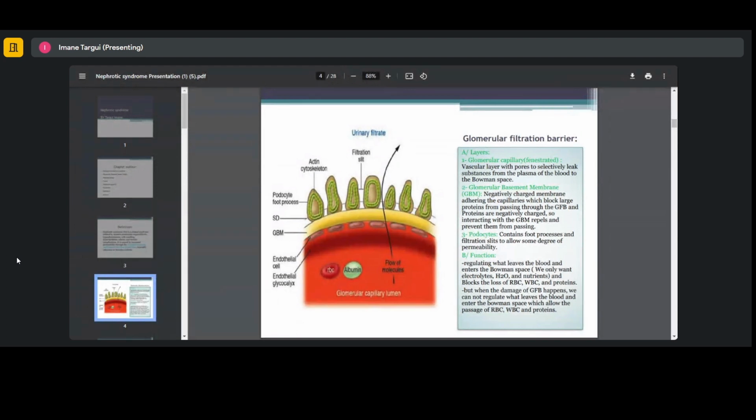White blood cells are important for infections: when there is a pathogen, we need our white blood cells to protect us from foreign bodies. And proteins, like we said before, such as albumin, are important for osmotic pressure.